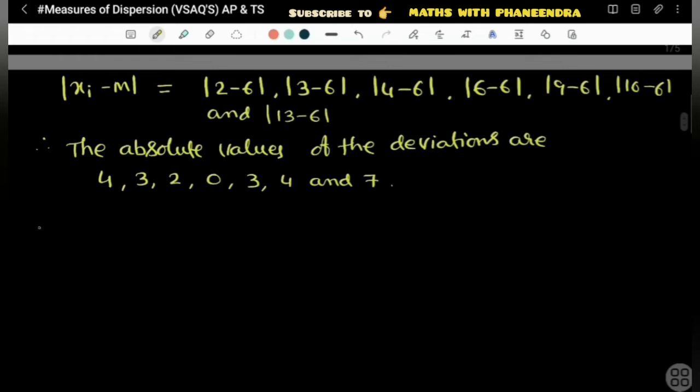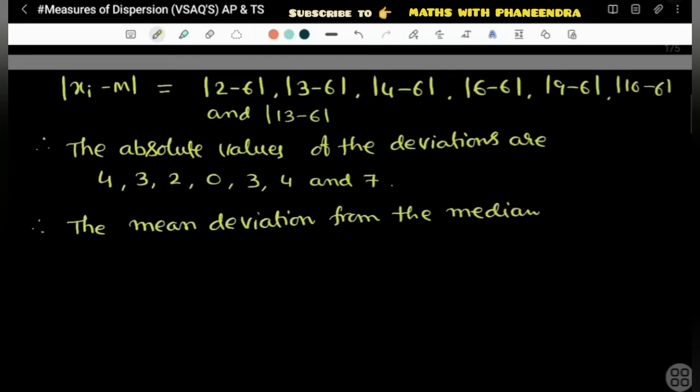So the mean deviation about the median, denoted by capital MD, is equal to sigma mod xi minus M divided by the number of observations.